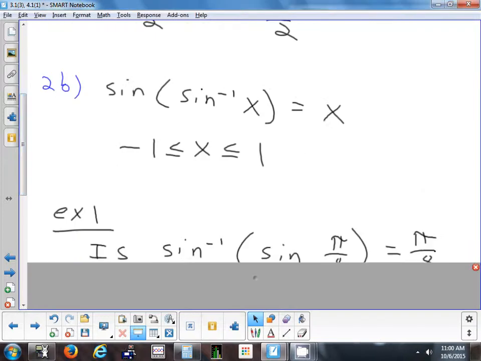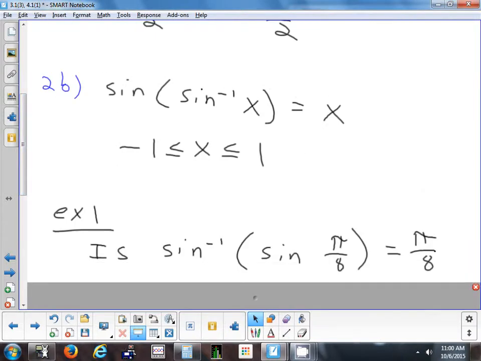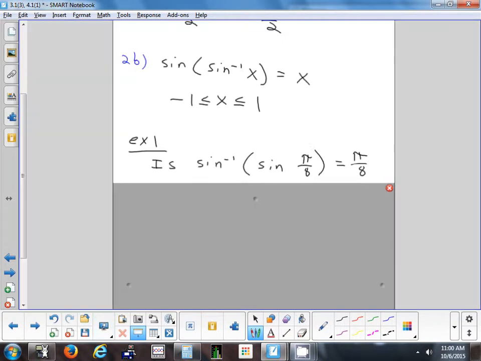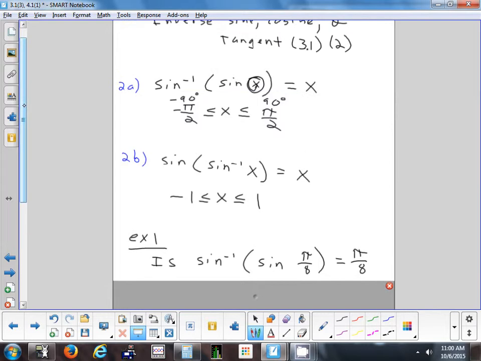All right, so the kind of questions you'd see on this are basically like a true-false, yes or no. The first one says, is the inverse sine of the sine of pi over 8 going to equal pi over 8? Is this formula 2a or 2b? It's 2a. The inverse is on the outside, regular is on the inside.